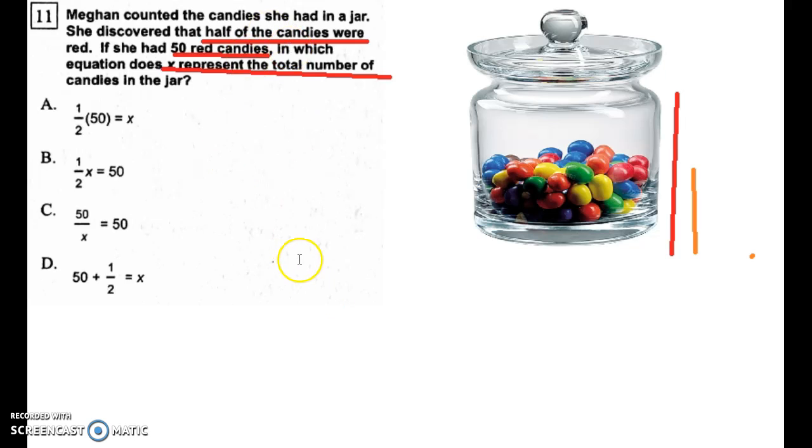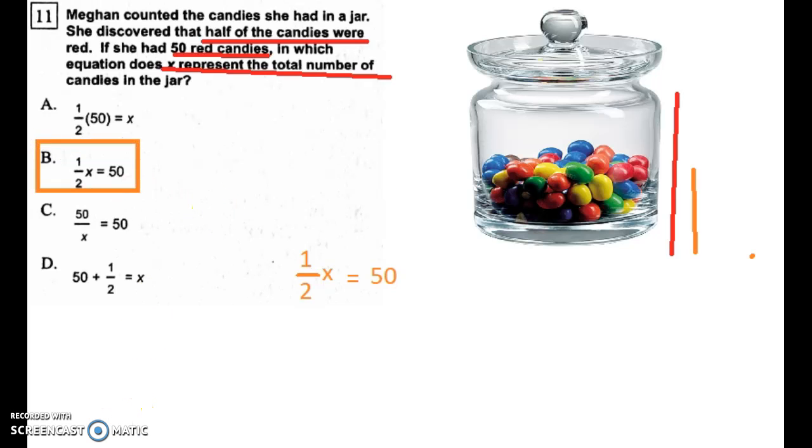So it's going to be 1/2 times all of our candies, which is the total number of candies. Let me draw that. And that equals, what did it tell us? 50, right? So here's our equation: 1/2 times X equals 50. And we all know it's 100, right? Half of X equals 50. That's our answer.